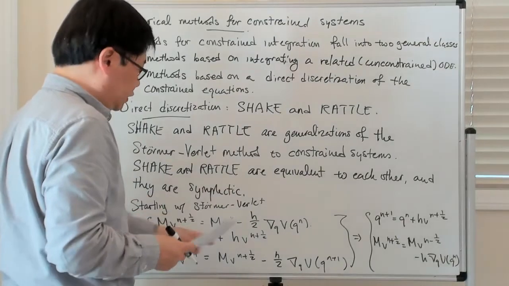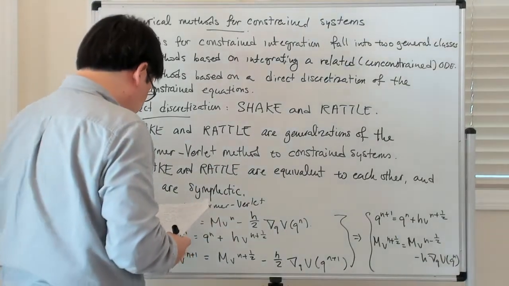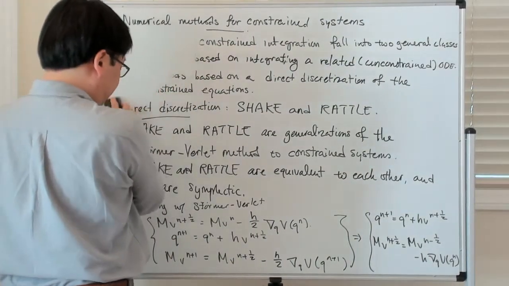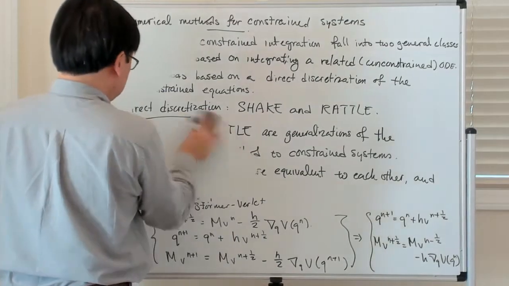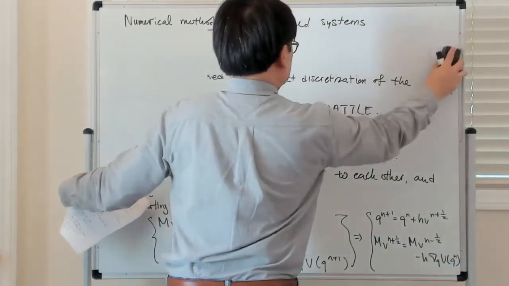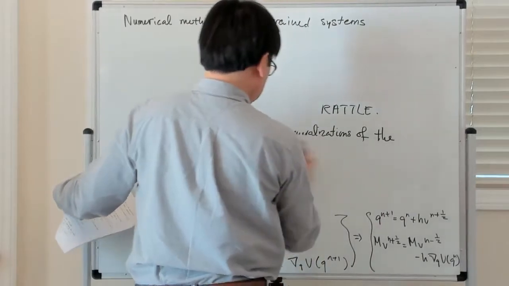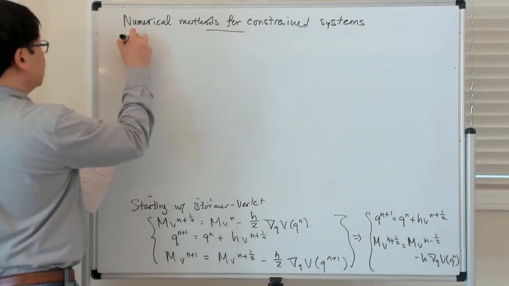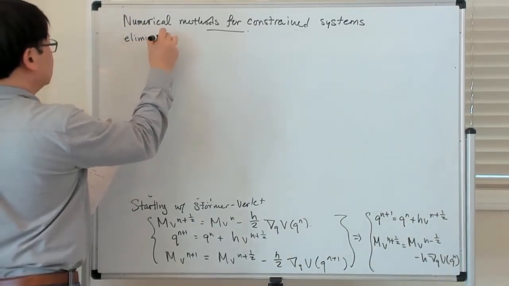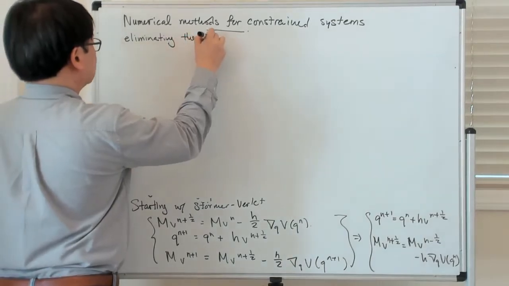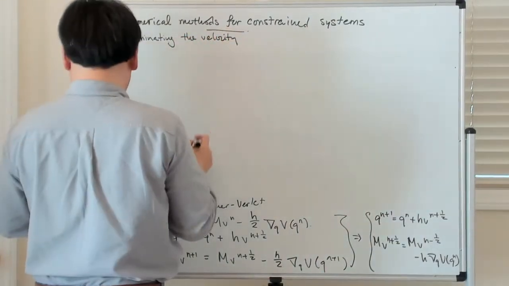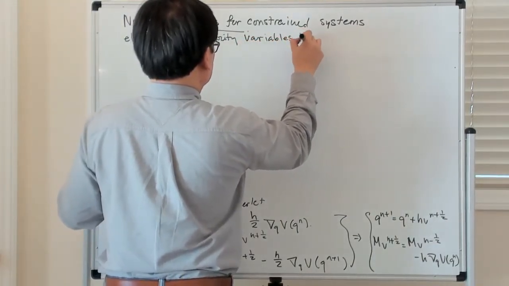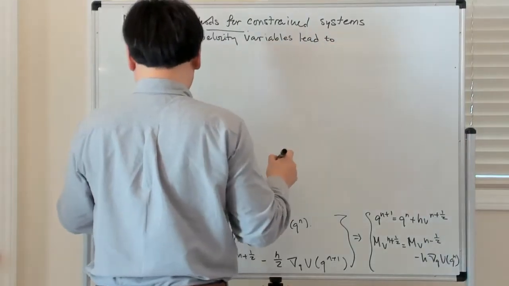And if you prefer, you can even eliminate the velocity variables altogether, and then you get what is often referred to as the leapfrog method.